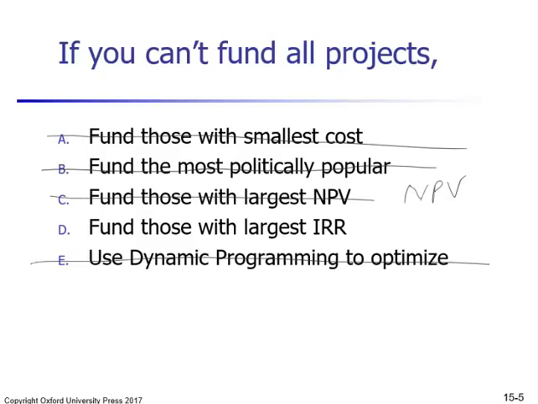Again, if it has high NPV, it's because everything that you are working on is on a $1 million scale.